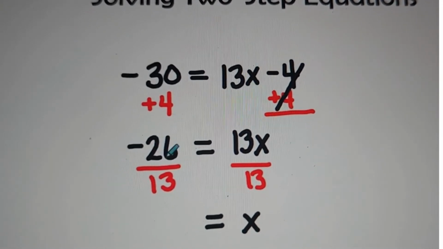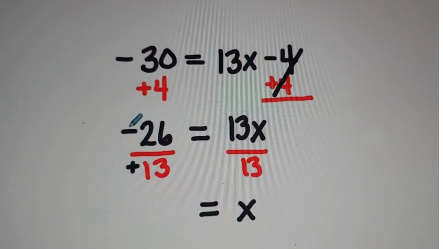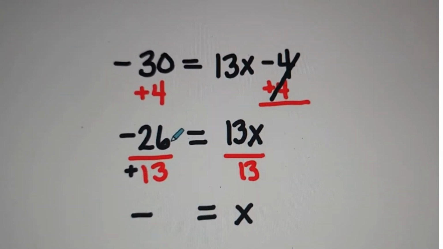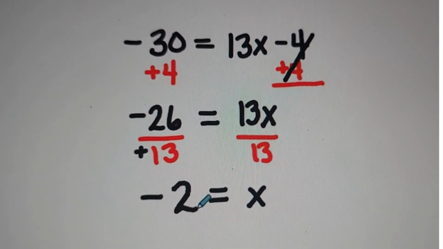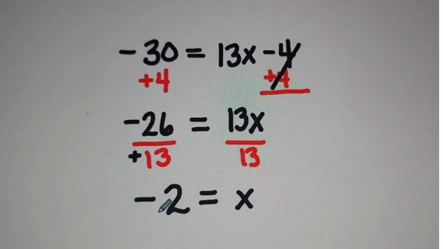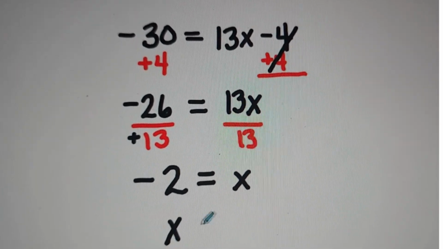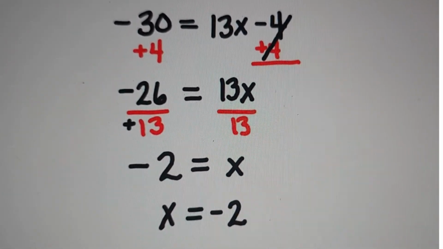And negative 26, and this is a positive 13, so a negative and a positive gives me a negative answer, and 26 divided by 13 is going to equal 2. So our answer is x equals negative 2. Now we can move this into standard form and flip it around, and so we can have x equals negative 2.